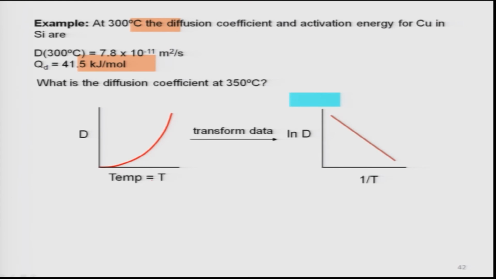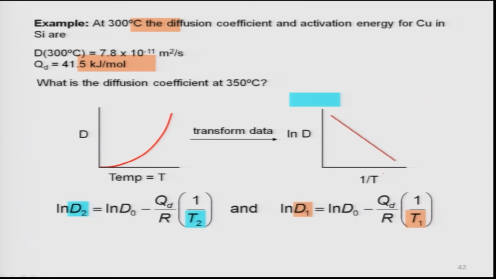We have D versus temperature, and we need to transform it into D versus 1 by T. So, ln of D2 is ln of D0 minus QD by RT. That is the equation I have already shown, and we can always write down D1 like that. At T1 we know D1, so we can easily determine D0, because QD is already given to us.